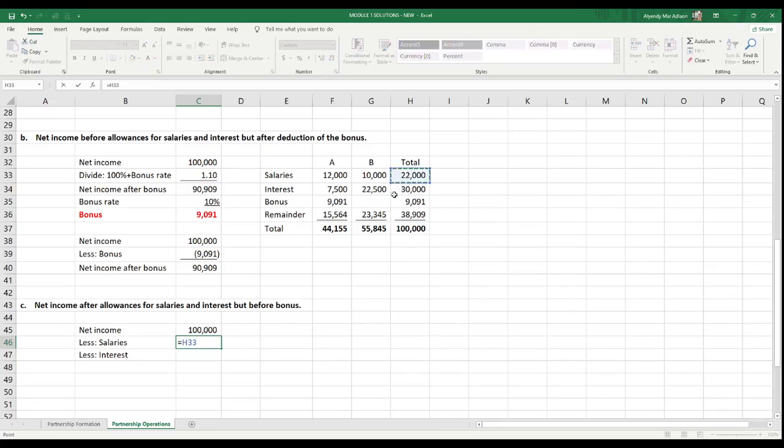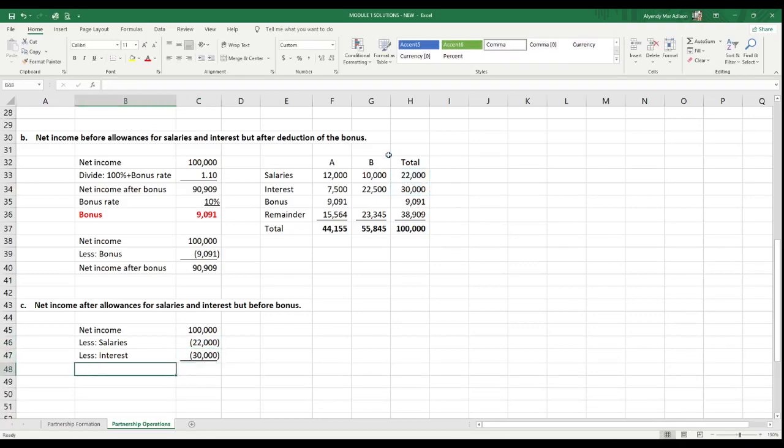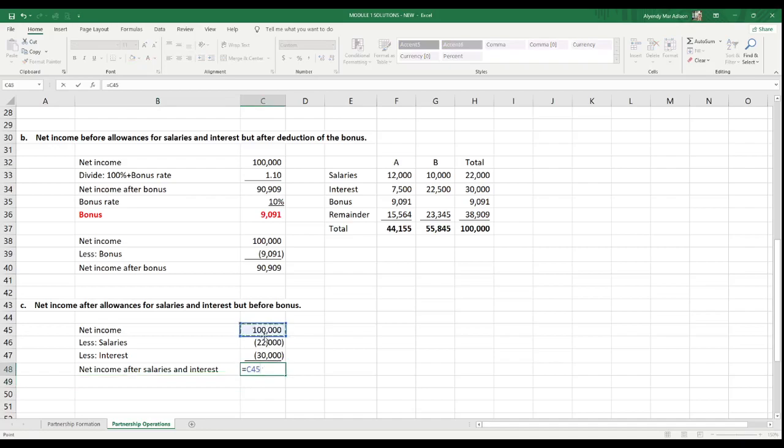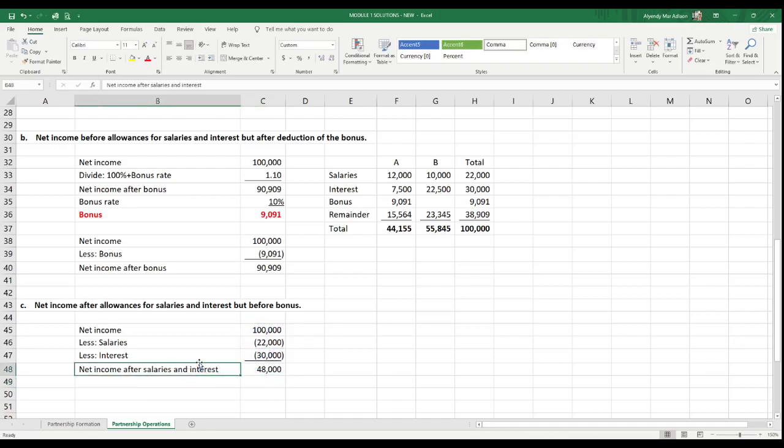The total salaries is 22,000 and the total interest is 30,000. After that, you can now get the net income after salaries and interest. So we have 100 minus 22 minus 30, so that is 48,000 pesos.